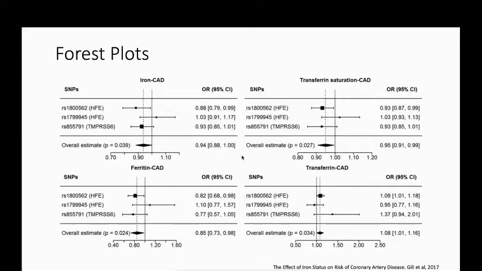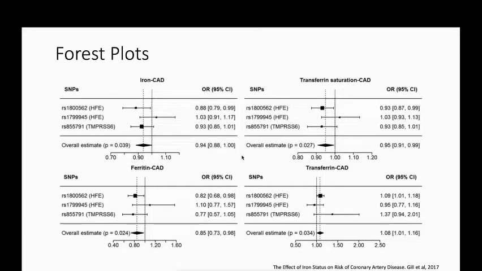So again, it's not really straddling unity. It goes from anywhere from a 12% reduction to no effect, essentially. And that is how we interpret the forest plots and the odds ratios.